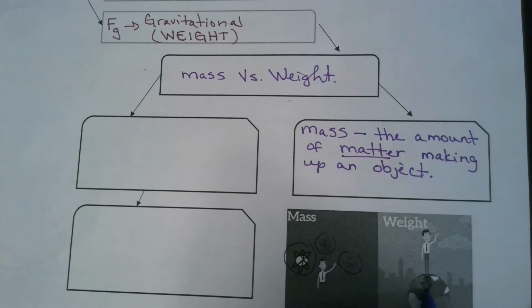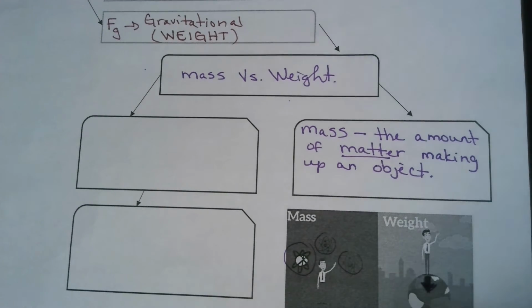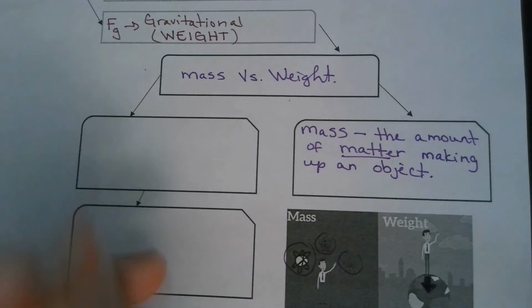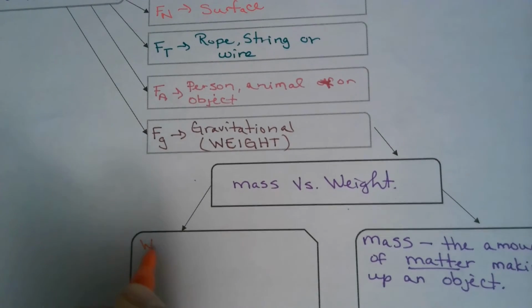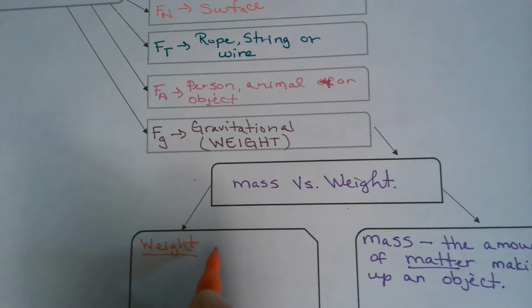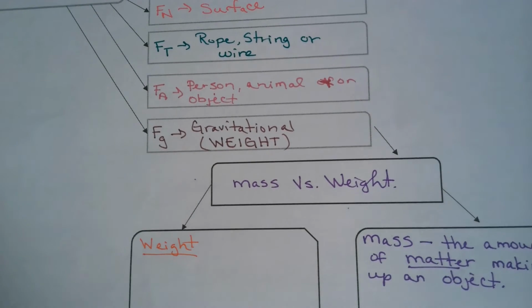Weight is a force, and that's why there's an arrow here, as he's on this planet and a force is pushing him down. This force of gravity is pushing him down. And that is because weight is the force of the planet pushing you down.